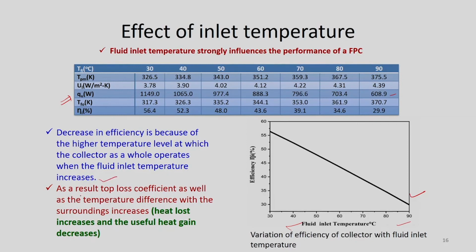Okay. As a result, the top loss coefficient as well as the temperature difference with the surroundings increases. Hence, heat loss increases and useful heat gain decreases. Okay. So, temperature of the inlet fluid is very, very important as far as performance of a flat plate collector is concerned.